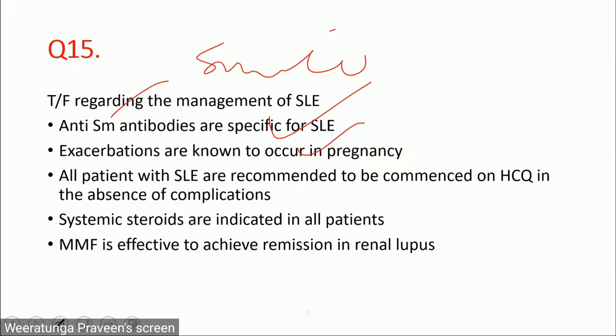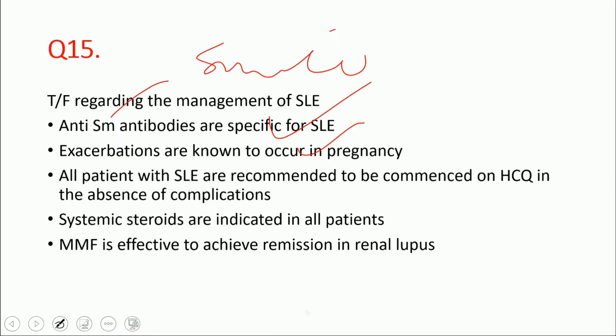Now, in the treatment of SLE, it's all a spectrum of disease. SLE can sometimes cause dangerous, life-threatening manifestations like seizures, renal failure. But actually, in most people, it is a mild disease.